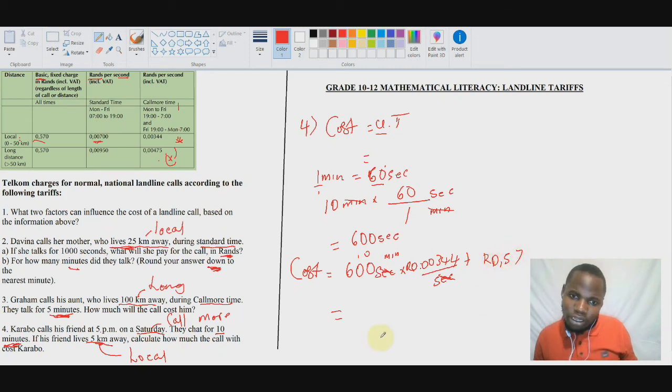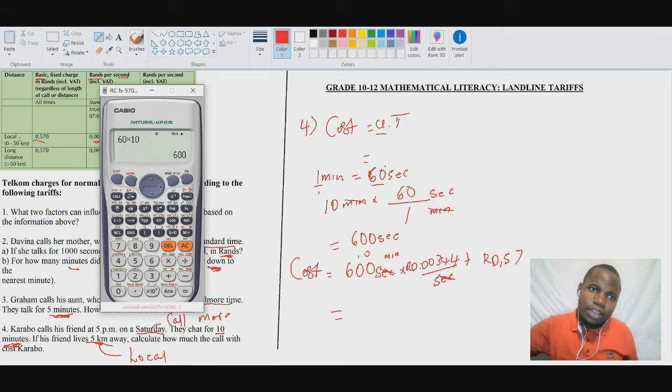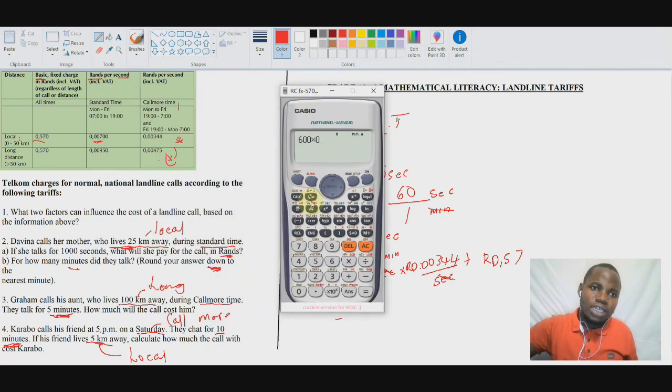Plus 0.57. Then you use your calculator that I said you must buy if you don't have one, okay? So you have 600 times the tariff. The tariff is 0.00344, plus 0.57, okay.